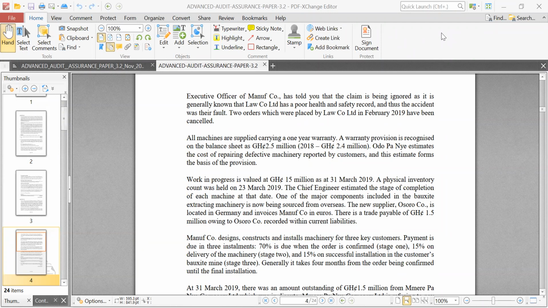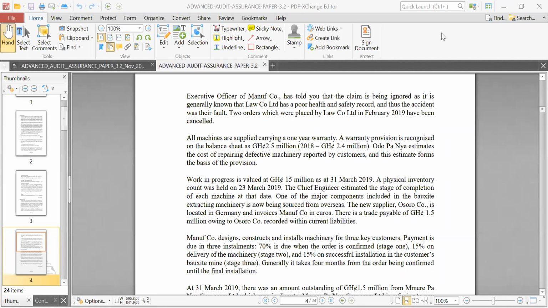Work in progress is valued at 50 million Ghana cedis as at 31st March 2019. A physical inventory count was held on 23rd March 2019. The chief engineer estimated the stage of completion of each machine at the date.